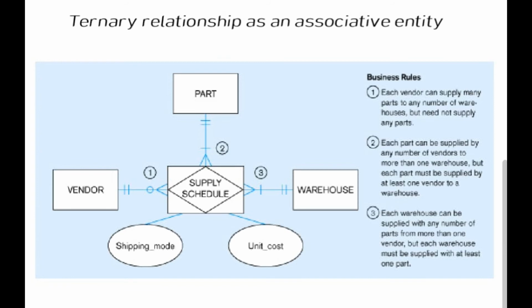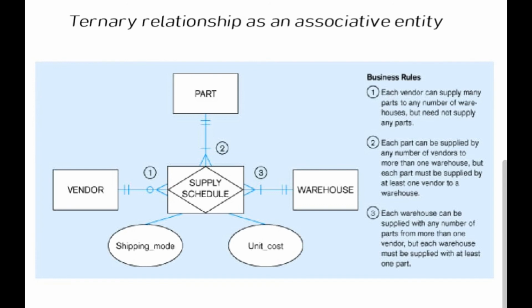Alright, so I'm going to show you a ternary relationship as an associative entity. Look at the diagram. There is a relationship between the rectangles and, in the center, supply schedule. So the business rules: first, each vendor can supply many parts to any number of warehouses but need not supply any parts.